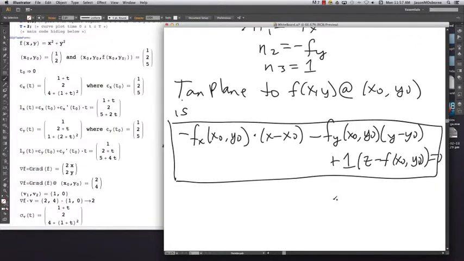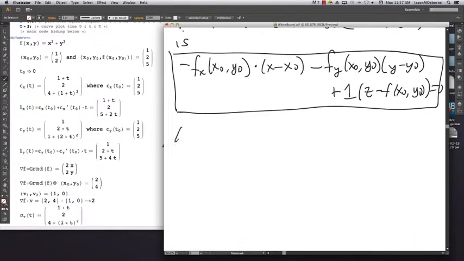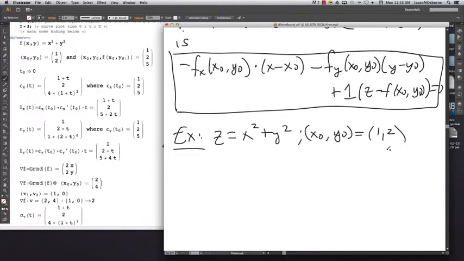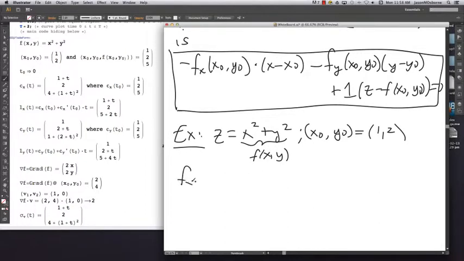So, a pretty quick example here. z is equal to x squared plus y squared. Let's say your point of interest, x naught, y naught, is 1, 2. x squared plus y squared is your f of x and y. So the partial derivative of f with respect to x is 2x, and the partial of f with respect to y is 2y.